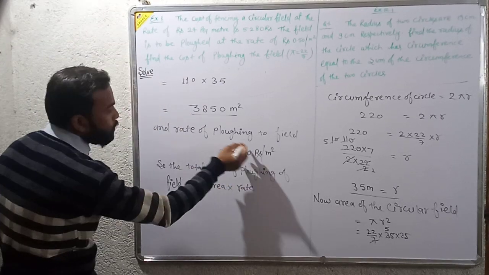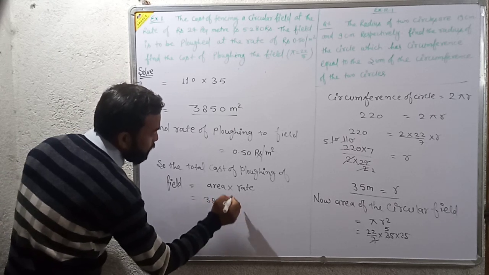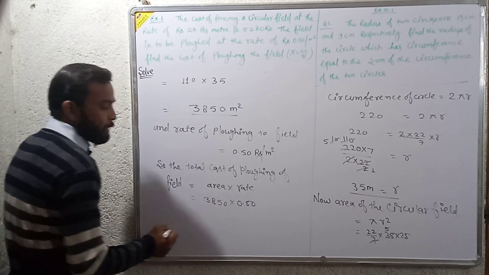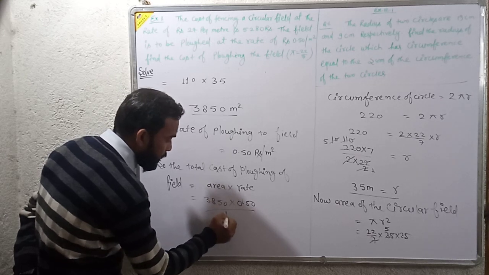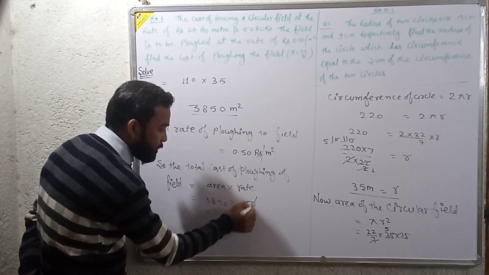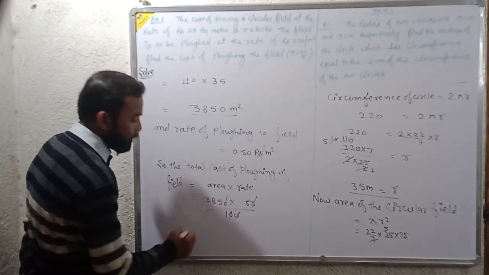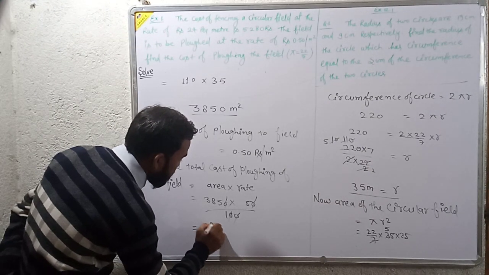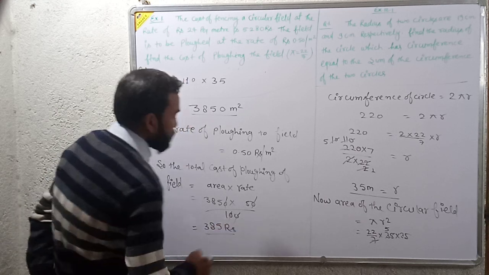Here the area is equal to 3850 multiplied by 0.50. We remove the point and take it upon 100, so it becomes 50 over 100. The 0 will be cancelled out from 0, and this 0 will be cancelled out from this. So the total cost is equal to 385 rupees. Clear?